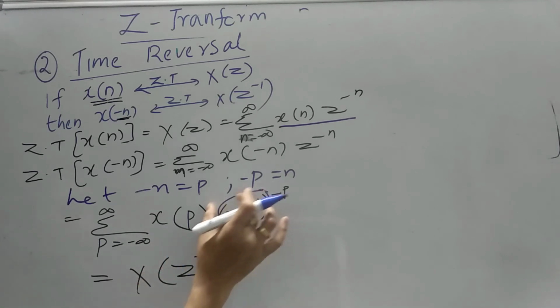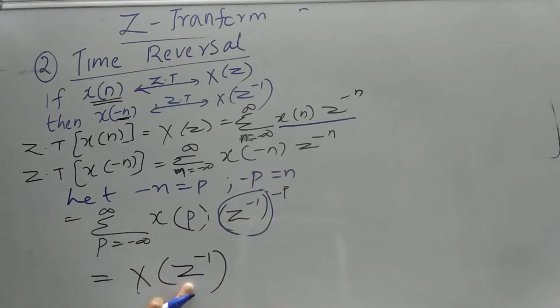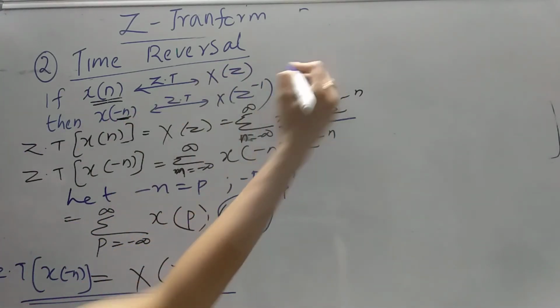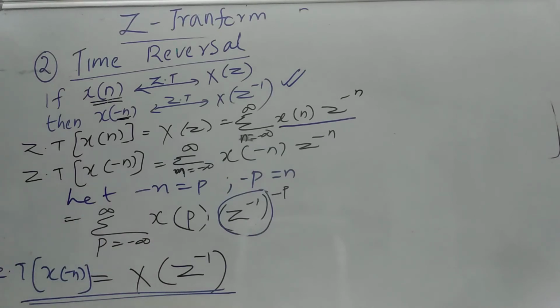So the z transform of x of minus n is X of z raised to minus 1. That was our proof.